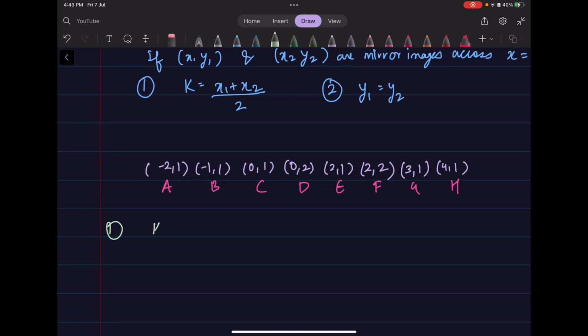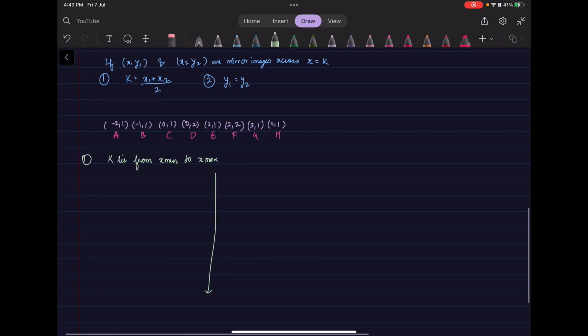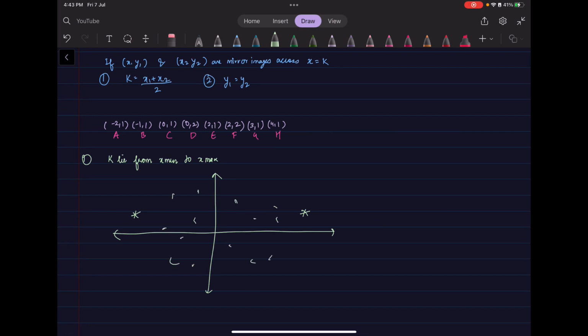Say k could lie from x minimum to x maximum. Say this is our xy plane. There is one point here and one point here, and there are infinitely many points in between.